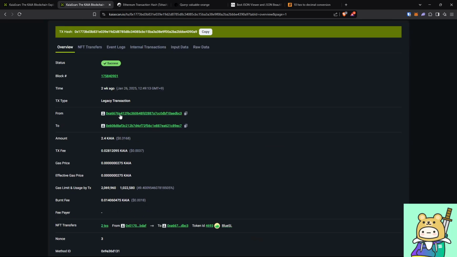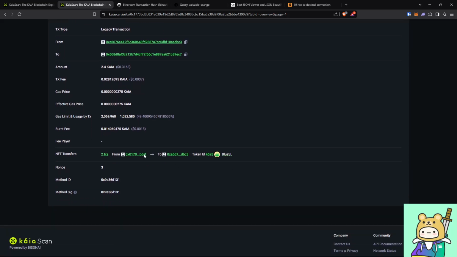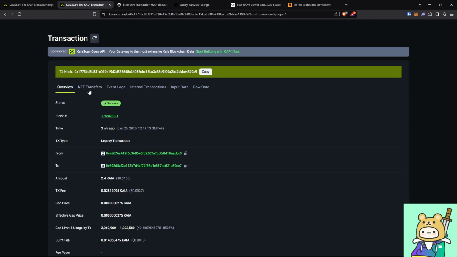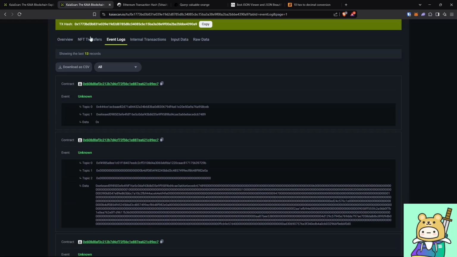Two weeks ago, this person interacted with this address, paid this amount in Kaya, and what's that too? Oh, okay. So there are two NFTs being transferred. Yeah, this looks good. So look at event logs.